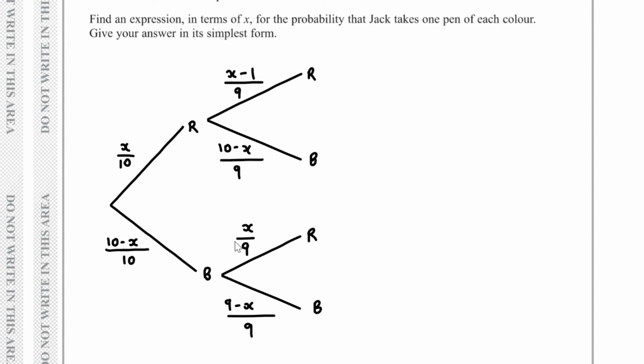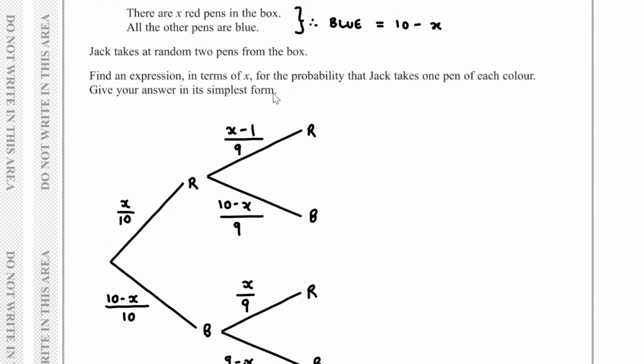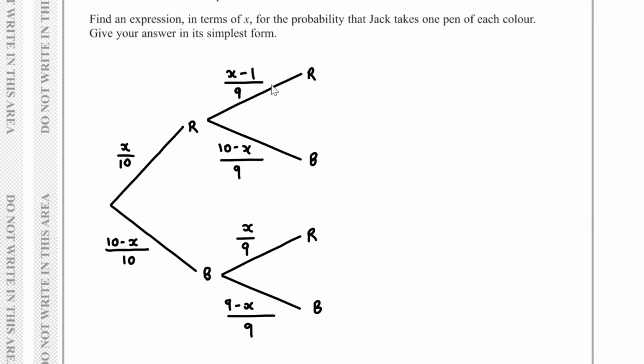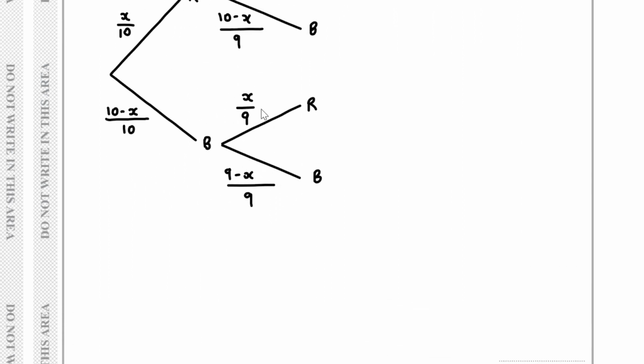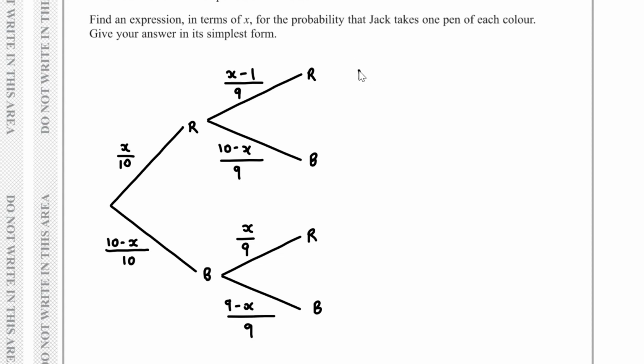So, with that, he takes a pen of each colour. That's what we were told in the question. Well, that's what we need to find out: the probability that he takes a pen of each colour. So, we need to find out the probability that it takes a red, then a blue, or the probability that it takes a blue, then a red. So let's work this out.